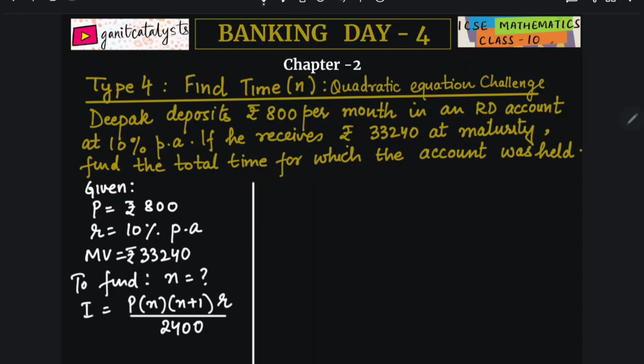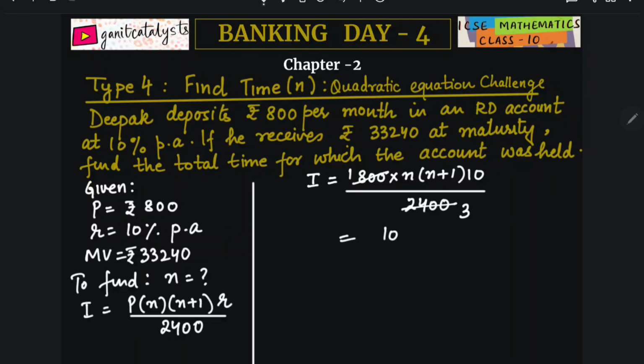So just find out the value. I is equal to 800 into n into n plus 1, R is 10, upon 2400. So 800 ones are 800, 3s are 2400. So it is equal to 10n square plus 10n whole divided by 3.